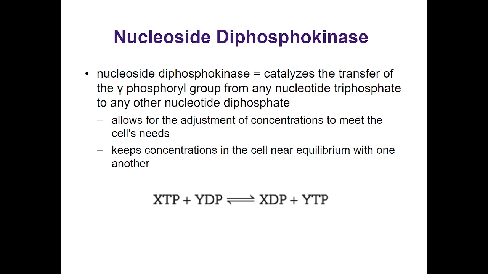This is that overall class of enzyme that allows you to say, I have too much ATP, I need GTP, okay? Or I have too much UTP, I need whatever TP, okay? This is the one that does that. This is going to keep the concentrations in your cell near equilibrium with one another because it's going to speed this equilibrium up. Thus, whatever equilibrium state you would have achieved will just be achieved faster, right?